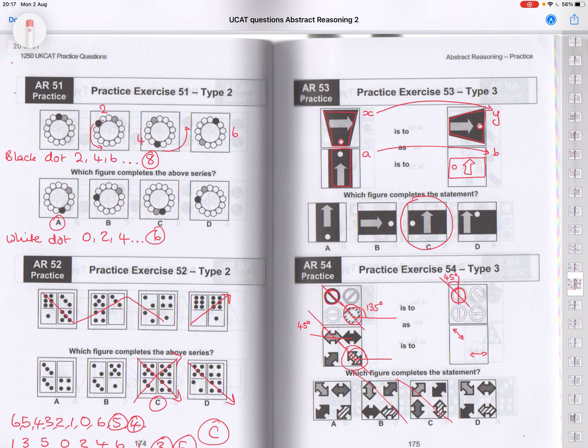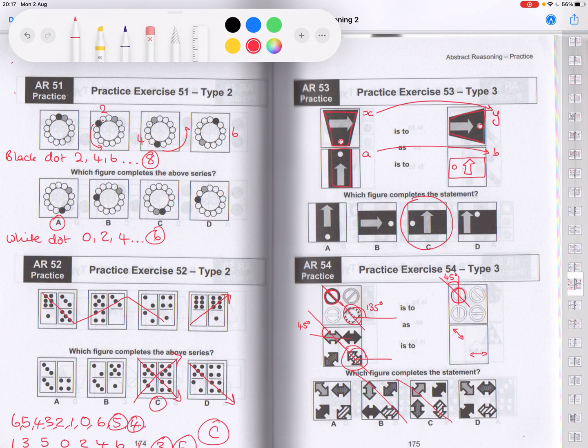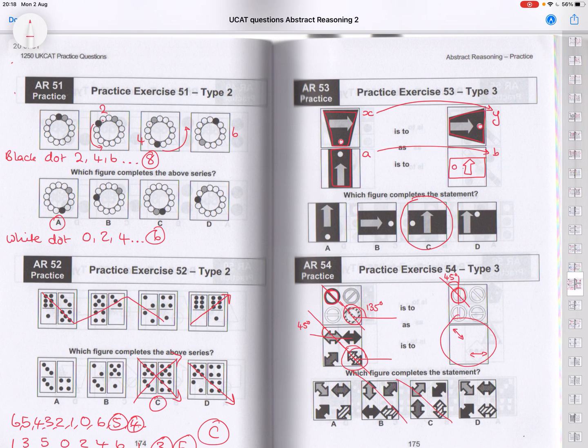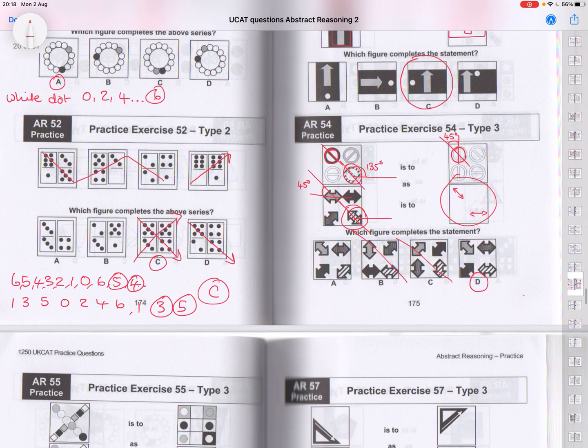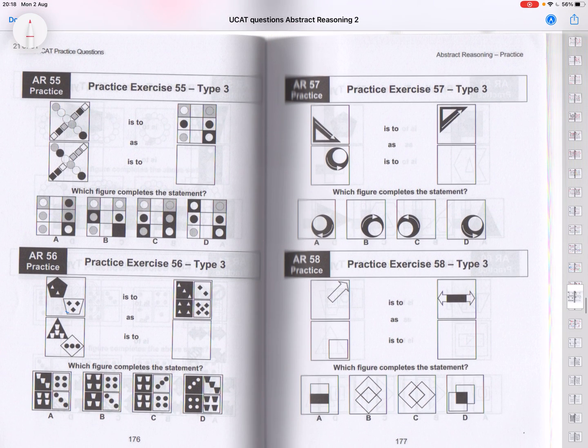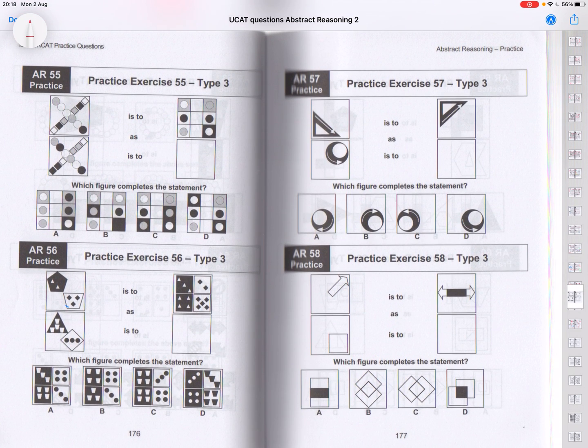So we should be looking for the two diagonal corners to be as illustrated in this box here, which corresponds to D.